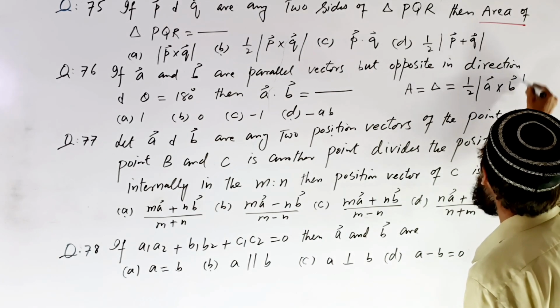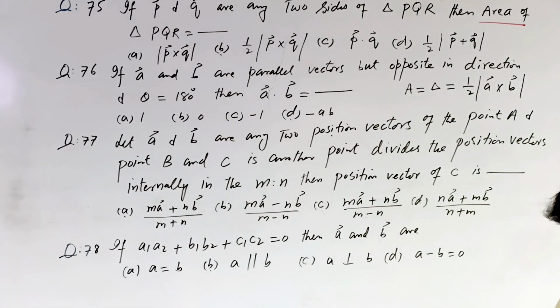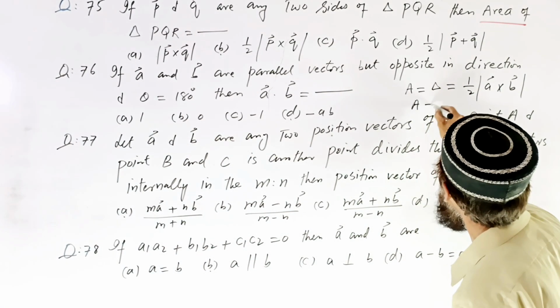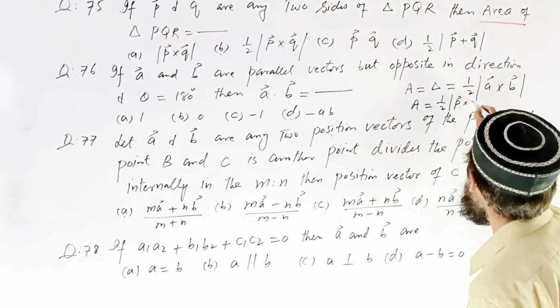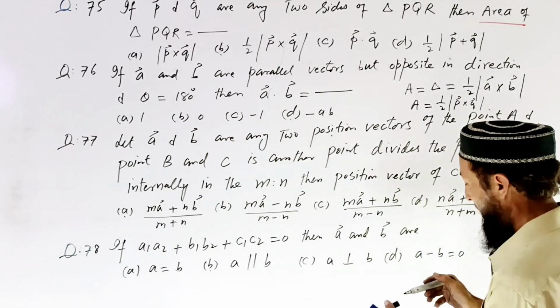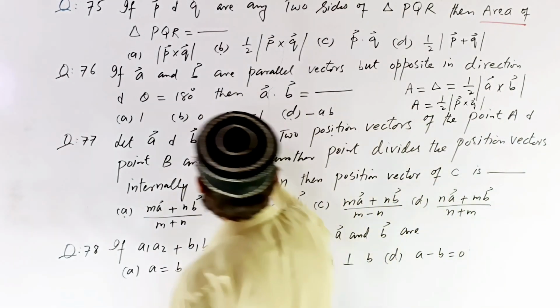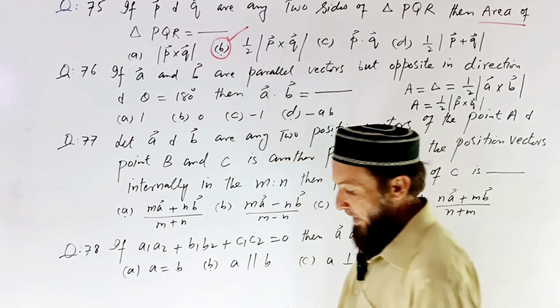This is the general formula if any two vectors that are sides of the triangle are given. According to this formula, just the names are changed here: area of triangle is 1 by 2, we use P cross Q magnitude. So here the correct answer is given. B is the correct answer in this.